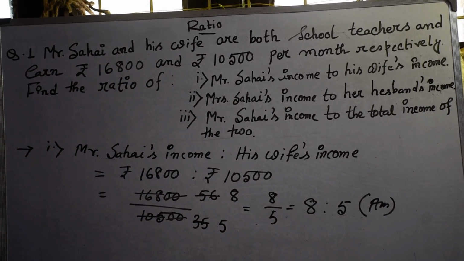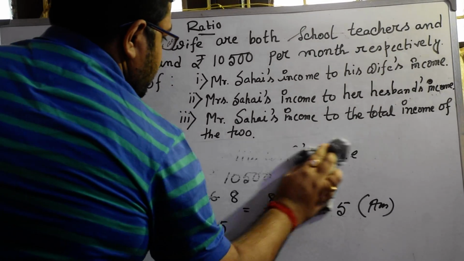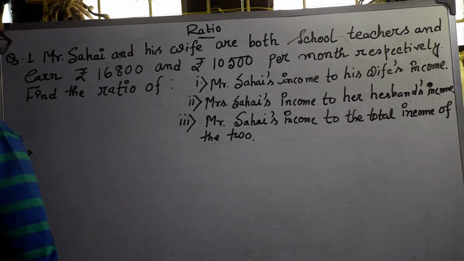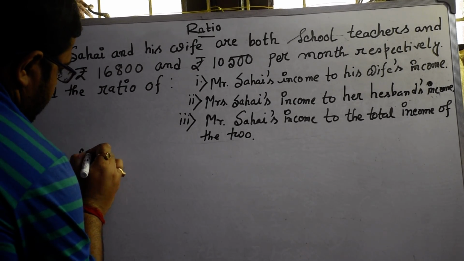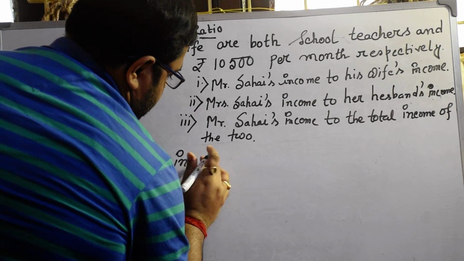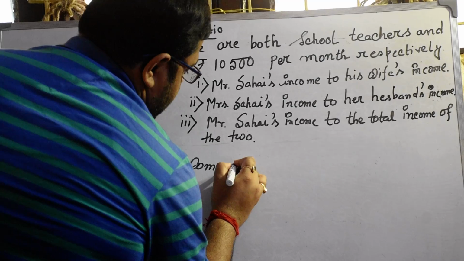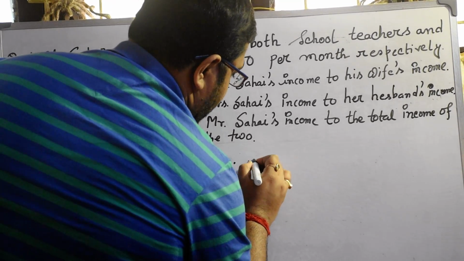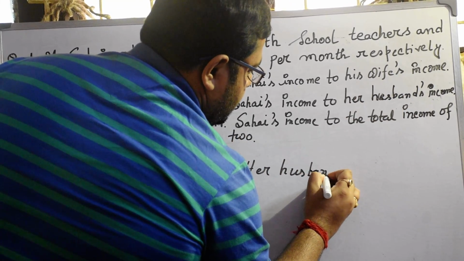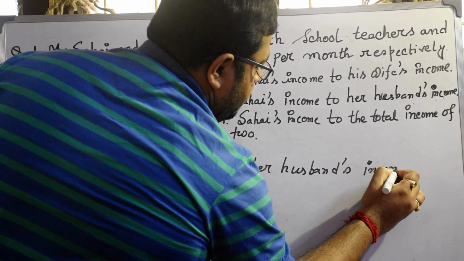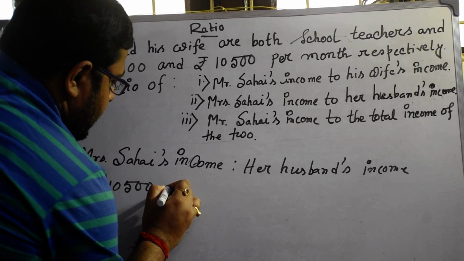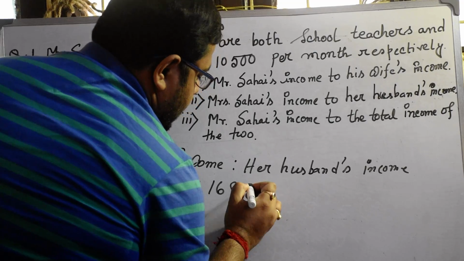So Mrs. Sahai's income is rupees 10,500 is to rupees 16,800.